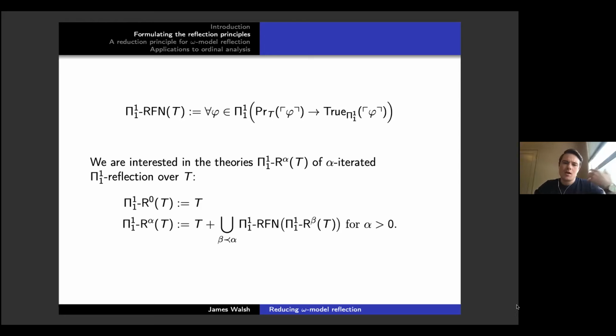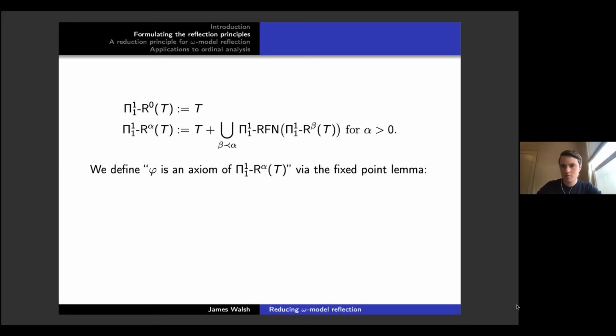So to make this precise, we have to fix some presentations of these theories. So for example, if alpha were omega plus 1, and we wanted to know what's the statement that omega iterated reflection is pi11 sound, we would need some way of representing omega, so we know what omega iterated reflection is.